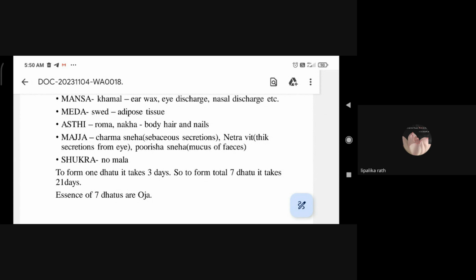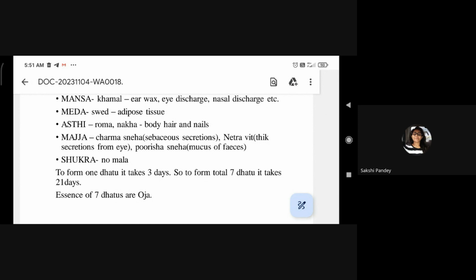If you remember the term subcutaneous, what is subcutaneous? We have already discussed it in anatomy and physiology. Okay, no problem. Subcutaneous means under the skin, beneath the skin.